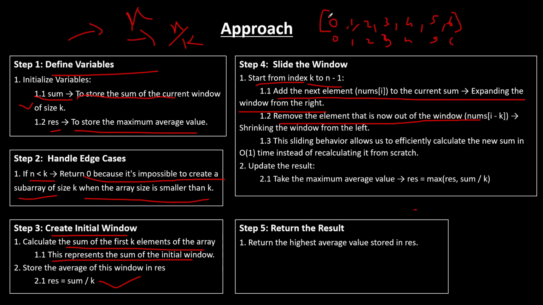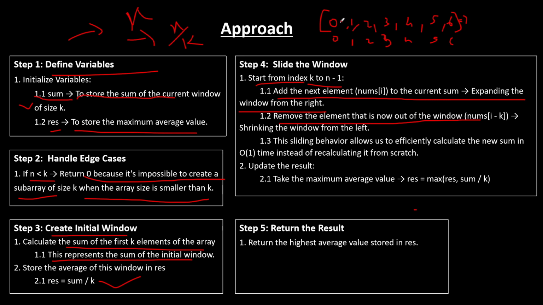So k is 3. First we calculated the sum of 0, 1, 2. And when we come to the sliding window in step 4, i starts from here, which is k. k is 3, but we have calculated the size 3 window beforehand. Now we are starting from here. Okay, fine. Now what it is going to do is add index 3 also.